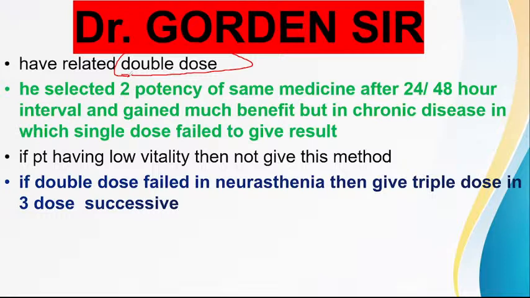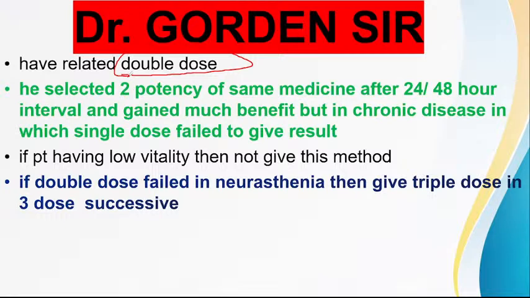Dr. Jordan sir has said that in chronic cases, for experiment purposes, he used to give two potencies of the same medicine in alternation of either 1 day or 2 days, either 24 hours or 48 hours. This is a very different idea.